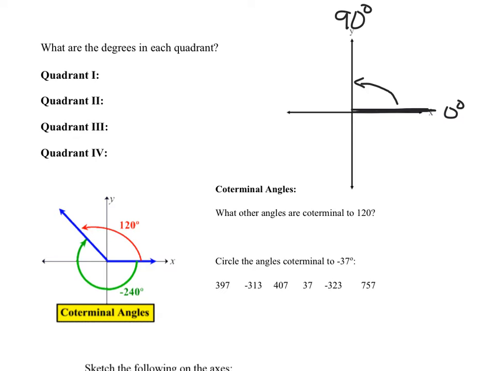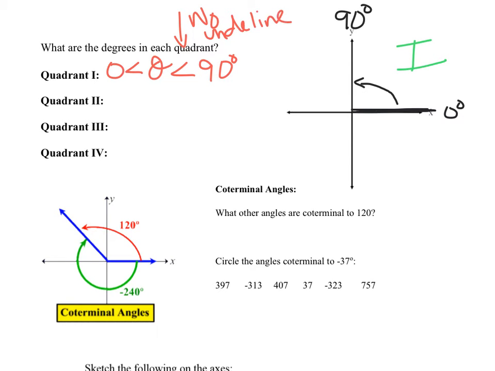So in between these two, that's quadrant 1. Quadrant 1 is between 0 and 90 degrees, theta, notice no underline. It's not equal to 90 or equal to 0, because 90 and 0 are not in quadrants. They're on the axes.